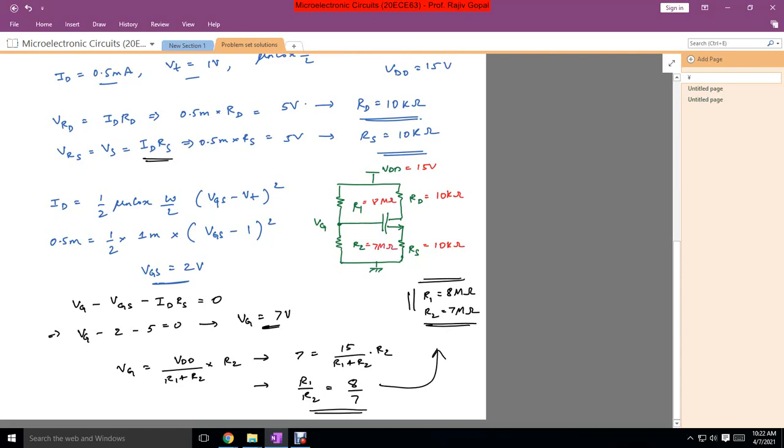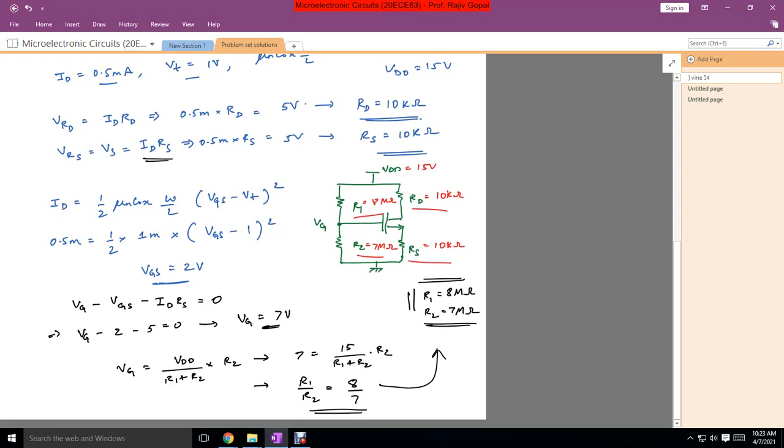So always remember, when you are solving this in your exams or tests, when it's a design problem, you always have to draw the design circuit at the end, mentioning all the values which you have found: RD, RS, R1 and R2.